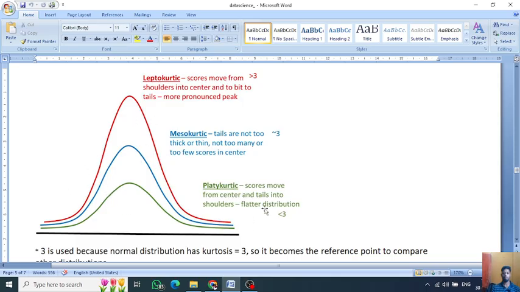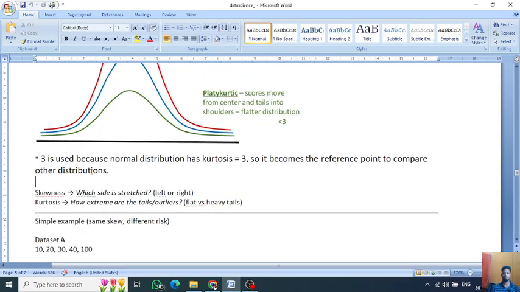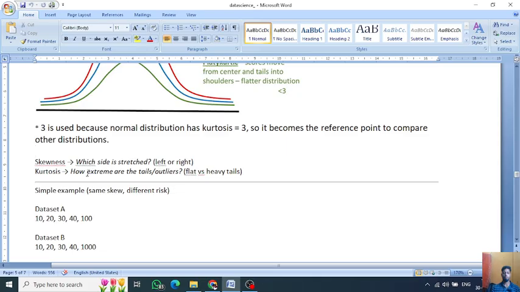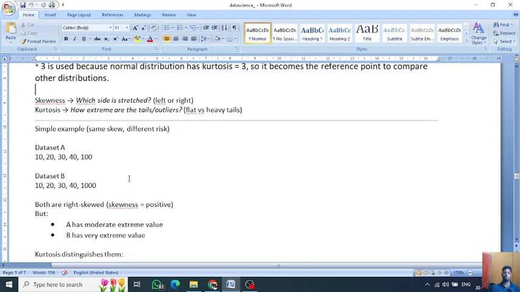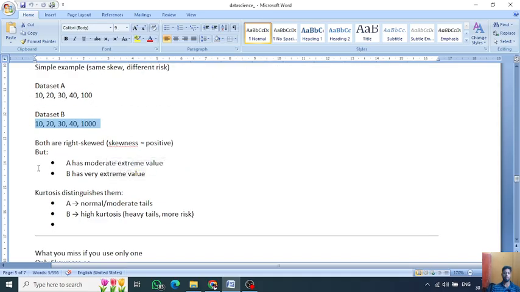Skewness tells which side is stretched, and kurtosis tells how extreme the tails or outliers are. Now, a simple dataset A and dataset B. You can see both have a high value present, 100 in one case and 1000 in the other, very big.